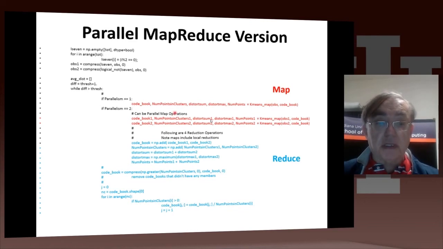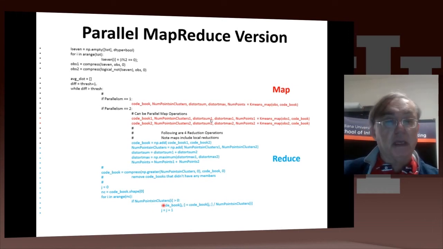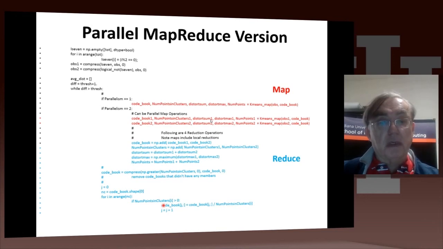The key difference in this algorithm is that, as we want to add results of the different processes together, we do not do the division by the number of points. That is only done here after we've added the two processes together. That's why it's slightly different from the natural ordinary K-means algorithm. You have to identify things like this overall division by the total number of points, which is only done at the end.